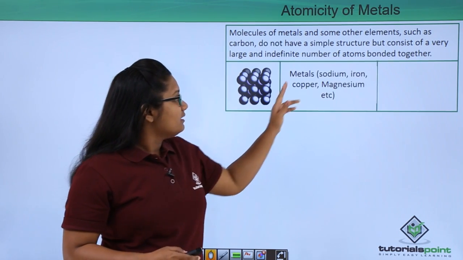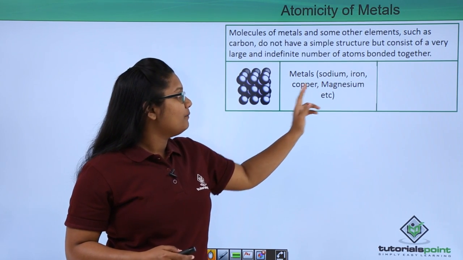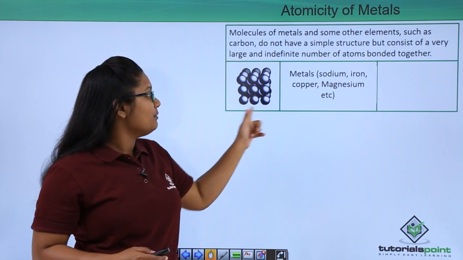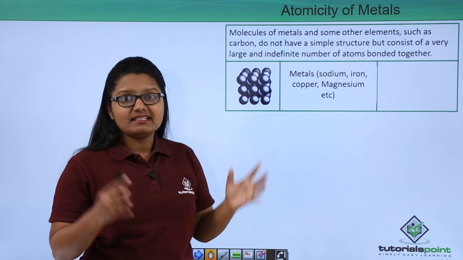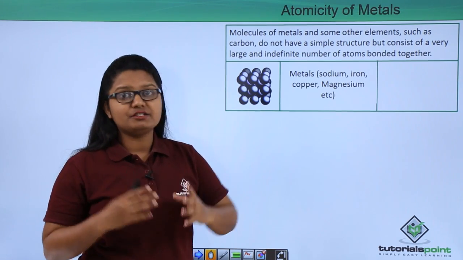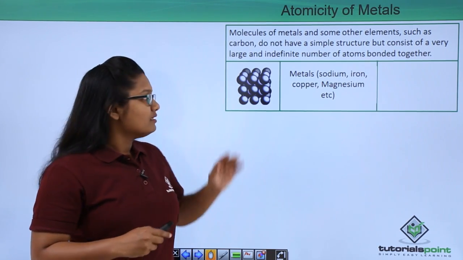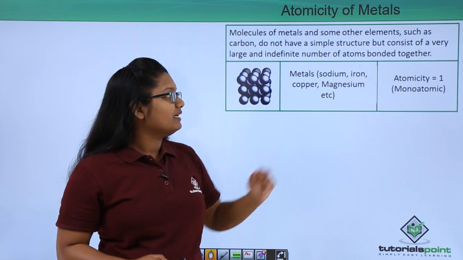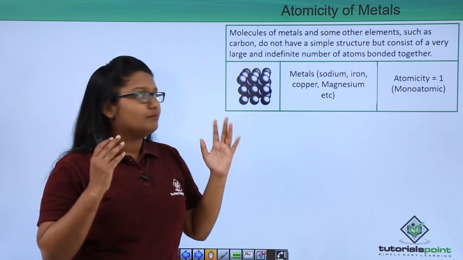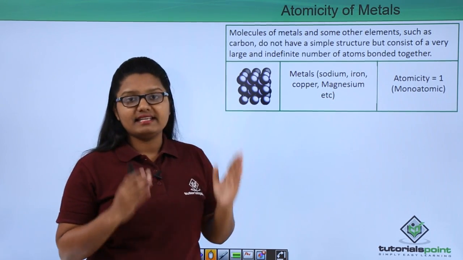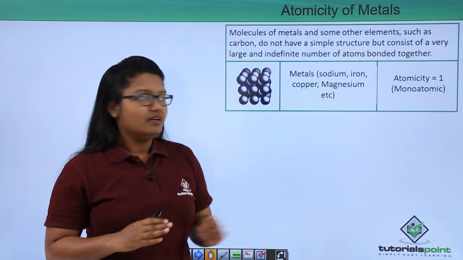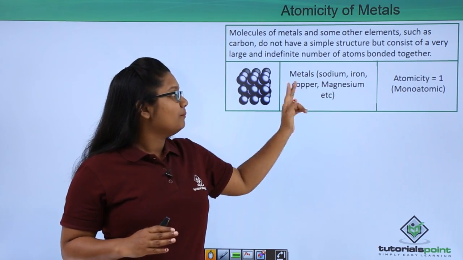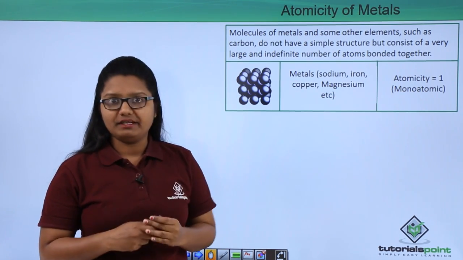For example, metals like sodium, iron, copper, magnesium have an atomic arrangement something like this, which has a large number of atoms packed together into a small volume. So this is the reason why we take their atomicities to be 1, and any molecule with atomicity 1 is said to be a monoatomic molecule. So all the molecules of these metals are said to be monoatomic.